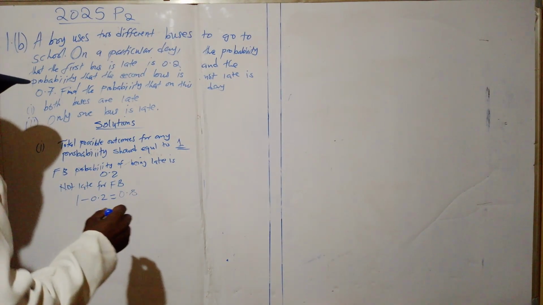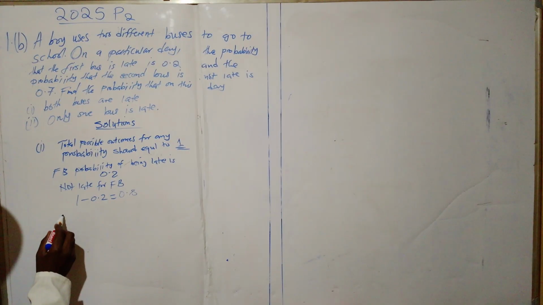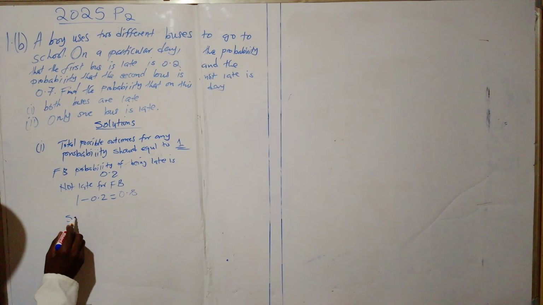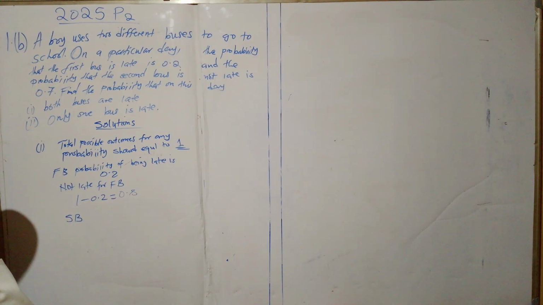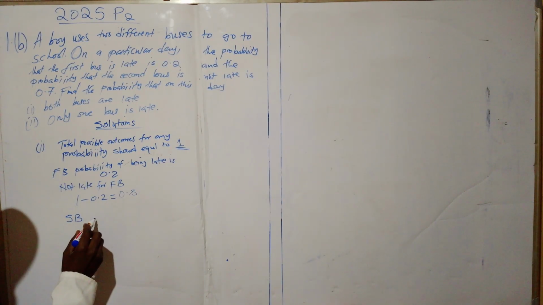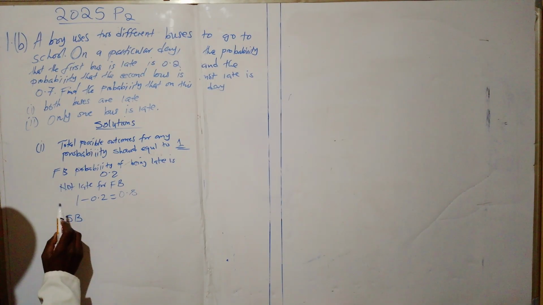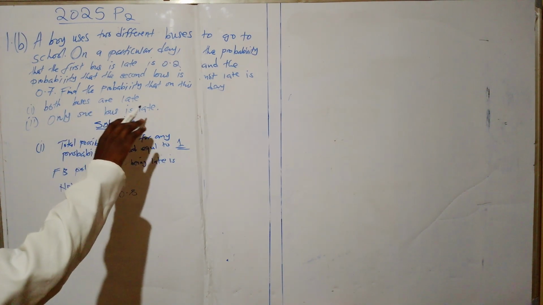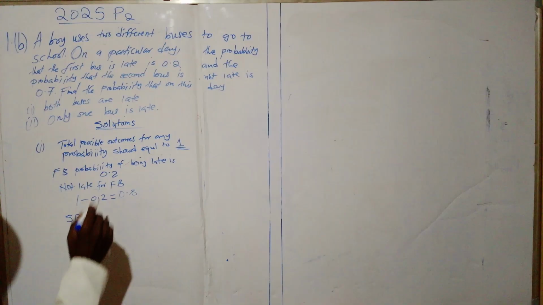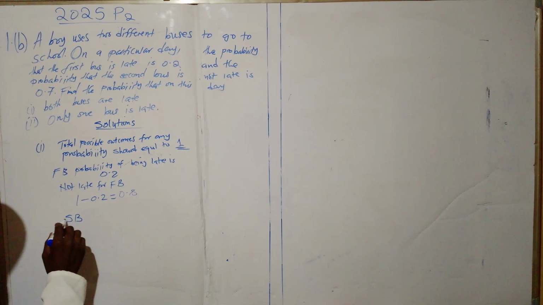What about for the second bus? The second bus, abbreviated SB. The probability that is given was for it not late.